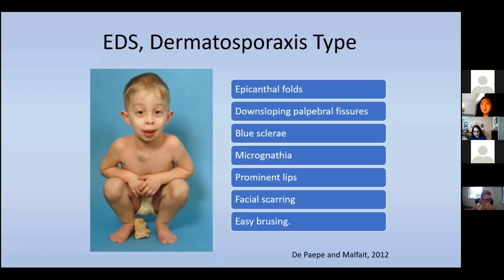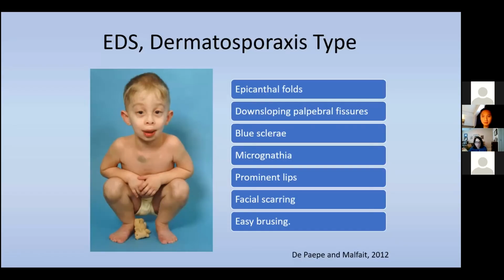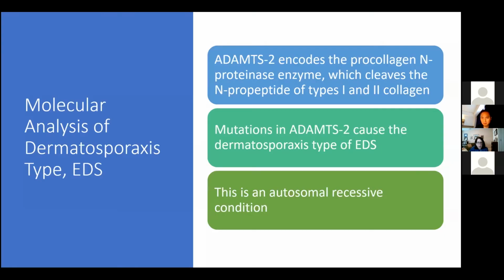The dermatosparaxis type has epicanthal folds, downsloping palpebral fissures, blue sclerae, micrognathia, very prominent lips, and facial scarring, easy bruising. And this is an interesting counterpoint to the previous one, because it's an autosomal recessive condition, but the molecular consequence of this is the same as if you have a COL1A1 or COL1A2 variant that prevents the cleavage.